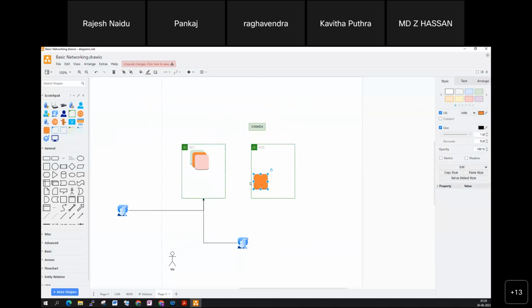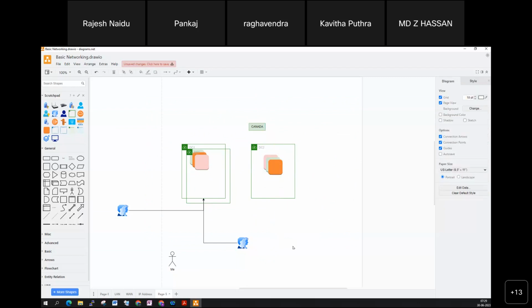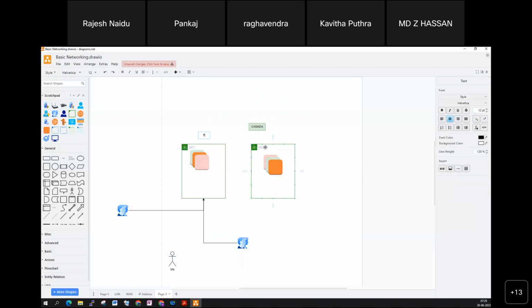Similar servers we need to set up. So this is my primary site, and this is my DR site, disaster recovery site.